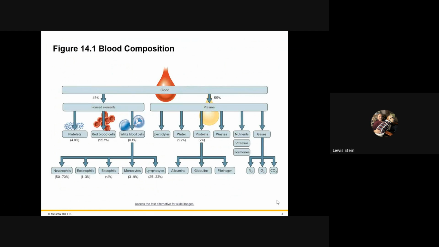Pretty good chart. This gives you an idea. And the number here, the 45 to 55 that you can see here, has to do with what percentage is formed elements and what percentage is plasma. It's got the most famous name. And it's such an important measure that we talk about it all the time. Clinically, it's called the hematocrit. Hematocrit.